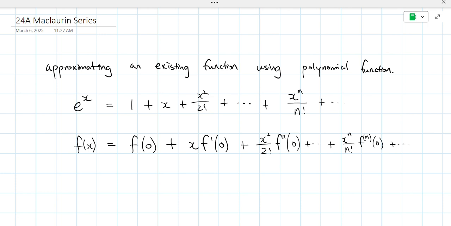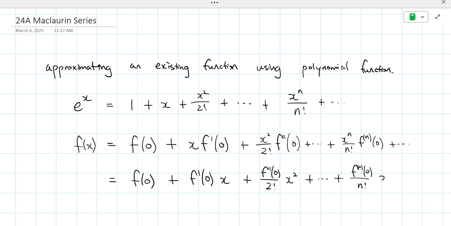So altogether, if I rewrite it, I'll show you in another format. I can write it as f of 0 plus f prime of 0 times x plus f double prime of 0 divided by 2 factorial times x squared plus, up to, f n prime of 0 divided by n factorial times x to the power of n.